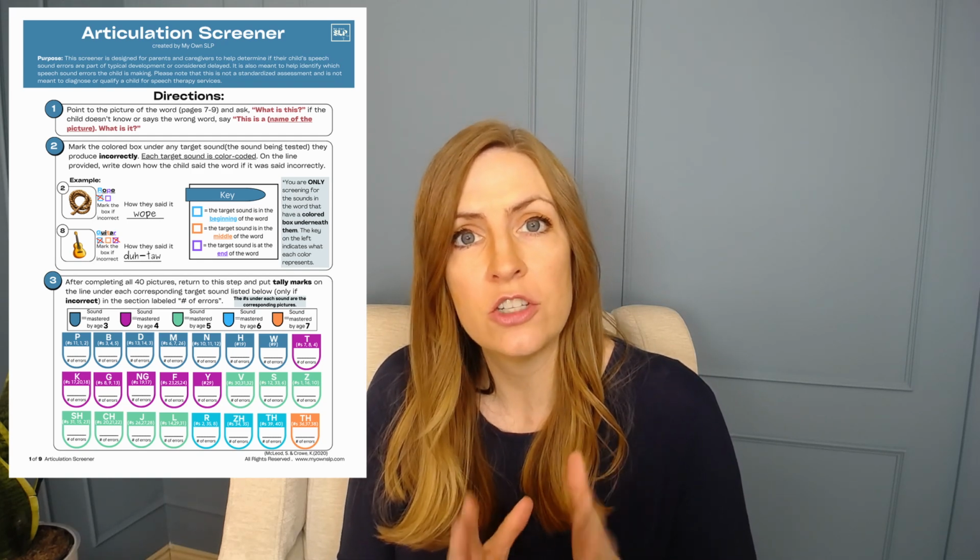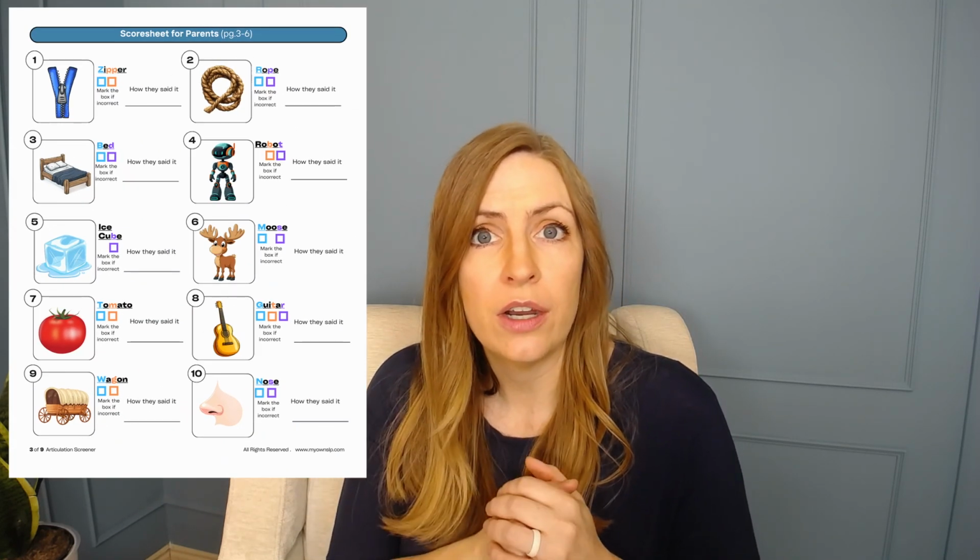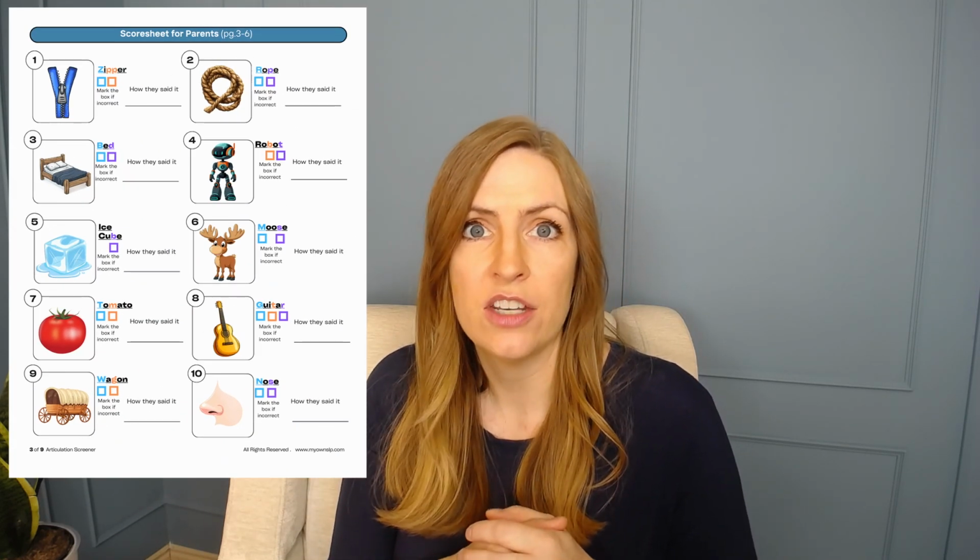In my articulation screener, I have a sheet of different pictures where you go through and you're able to test your child on every single speech sound that an SLP would test your child for. So any sound that might be of concern, it's going to test your child for all of those sounds in this screener. And this usually takes between 10 to 20 minutes, depending on the age of your child and their cooperation. So this is much quicker and it is sure to test all of the speech sounds.